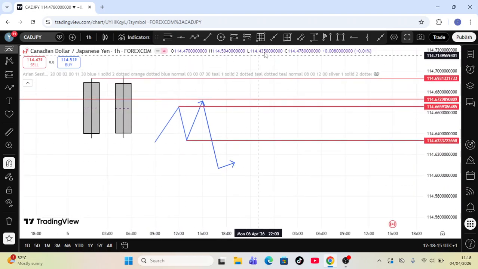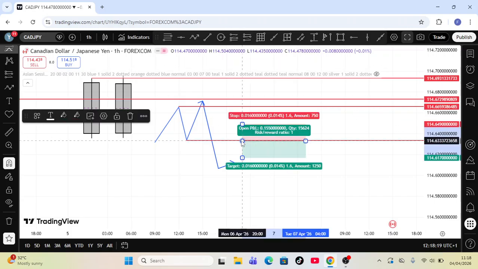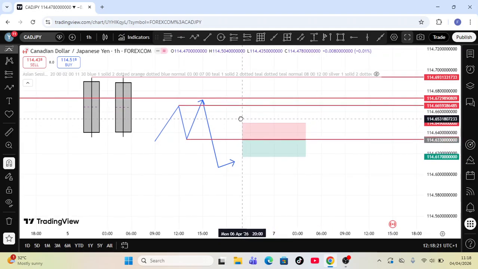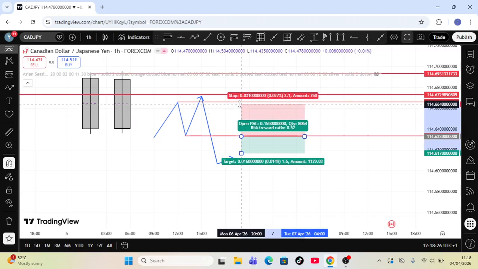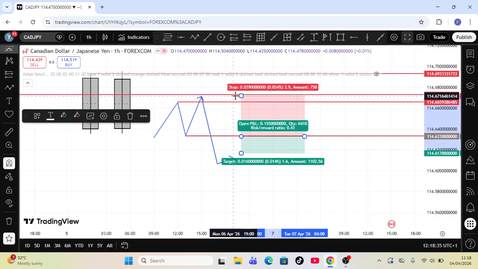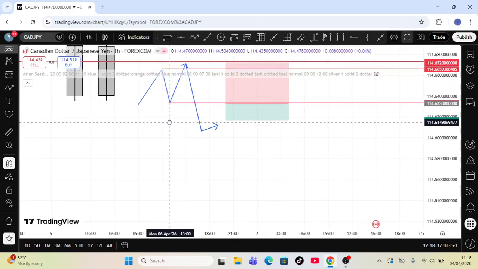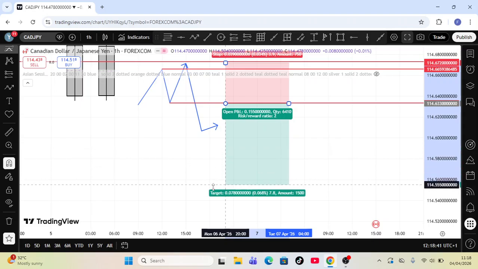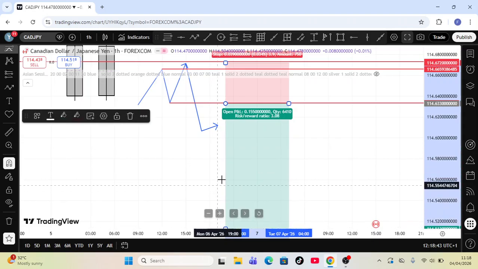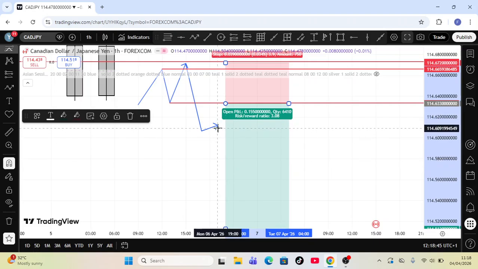After that, you place your what? Limit order like this. You can target this place, but mostly I advise people to target the high of the sweep. After that, you can target 1:3, and market will come back and do what?